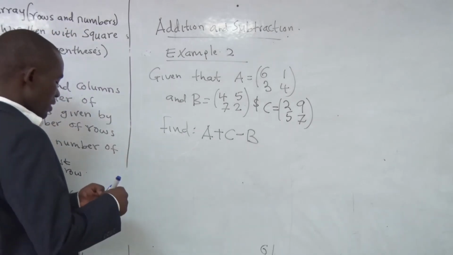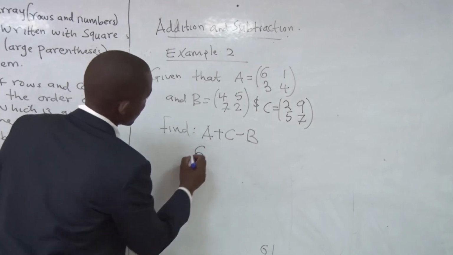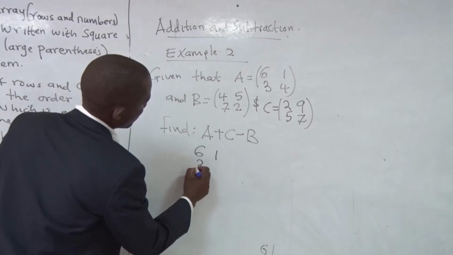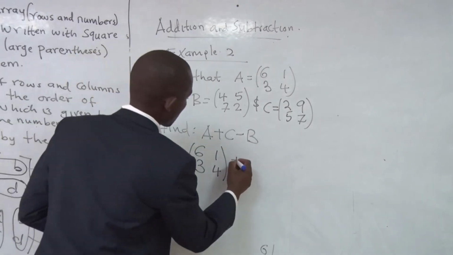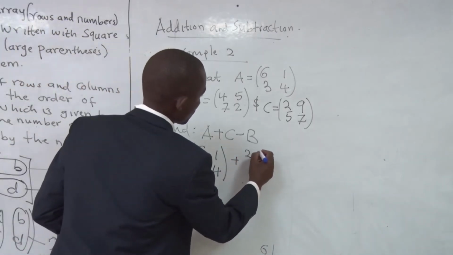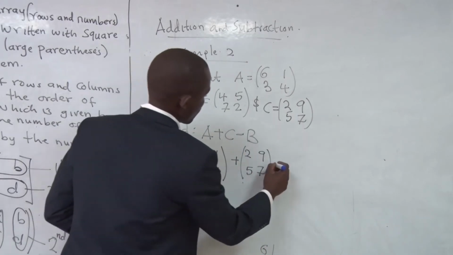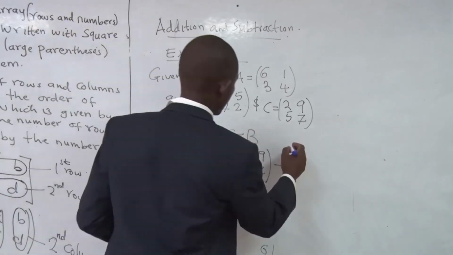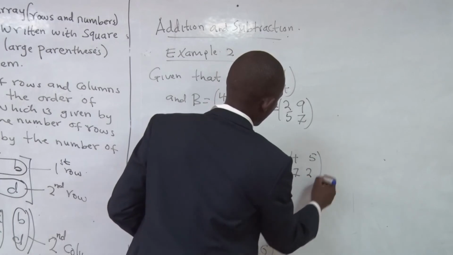So meaning, your first part will be 6, 1, 3, 4. This is your A, plus your C, which is 2, 9, 5, 7. You subtract B, which is 4, 5, 7, 2.